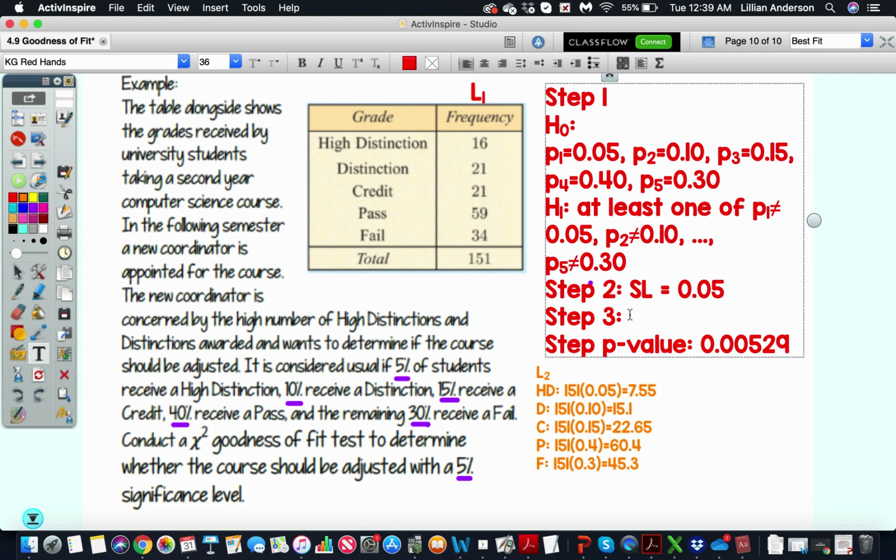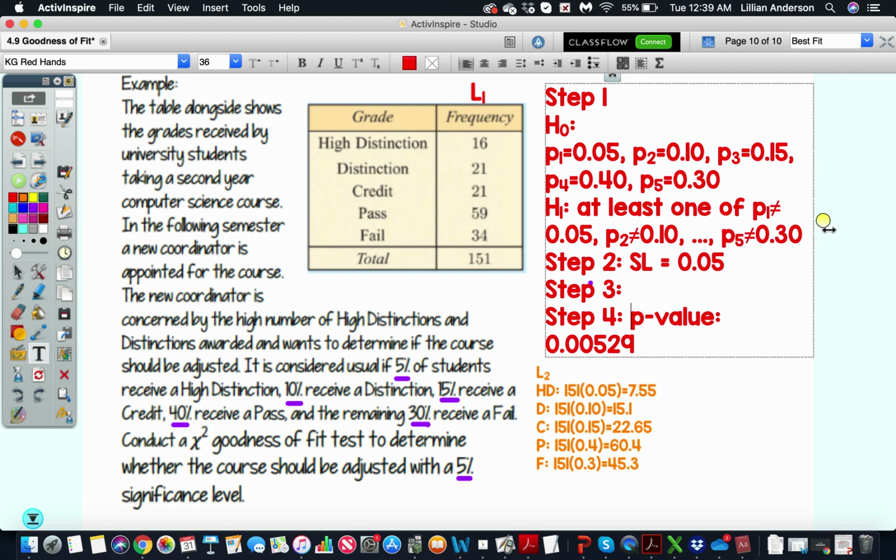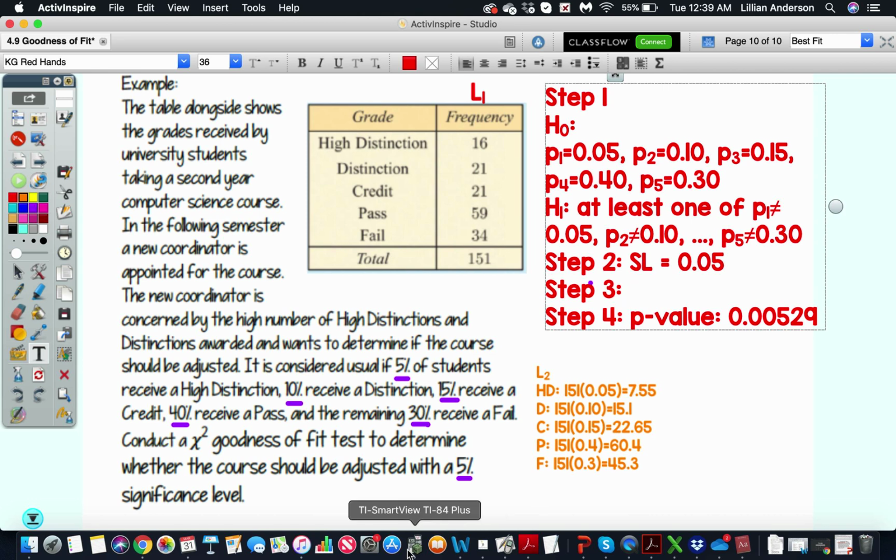This is step 4. I knew I was off a little bit. Step 4 is the p-value. Step 3 is the chi-square test statistic, but we had that already in our calculator when we figured everything out, 14.7. But I really don't need it because I'm going to be using my p-value to determine if I accept or reject.